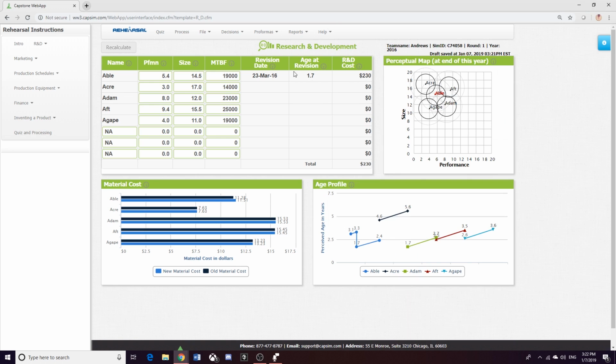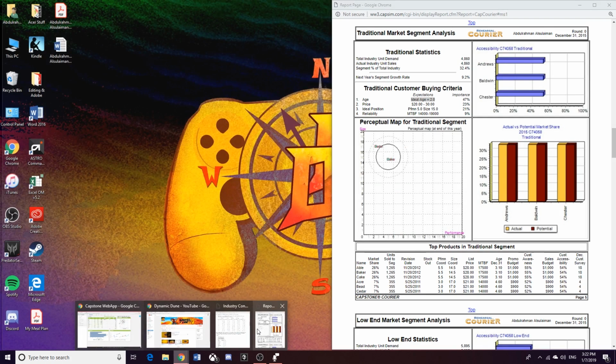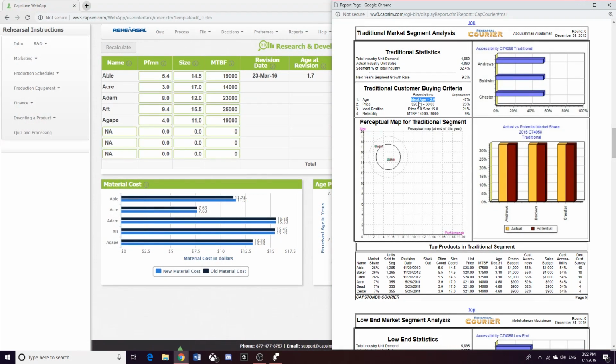So what this means is that at March 23rd, 2016, the age of the product is gonna be 1 year, 0.7. Okay, so it's good. That means that later in the year it's gonna be a little bit after 2.